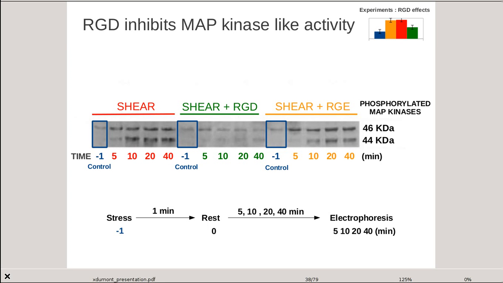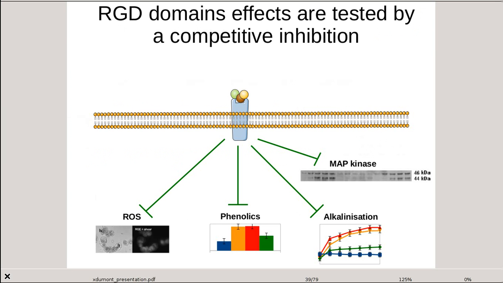Third condition tests stress plus RGE. We observe a quick and significant increase of activity comparable to stress-only situation. Thus, we can conclude that RGD inhibits MAP kinase activity, and this inhibition is highly RGD specific.